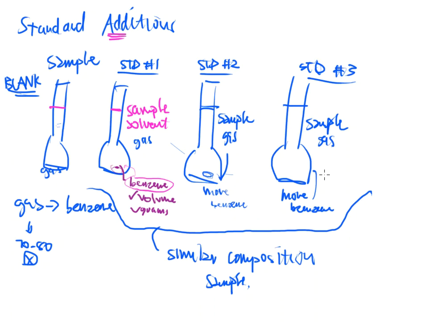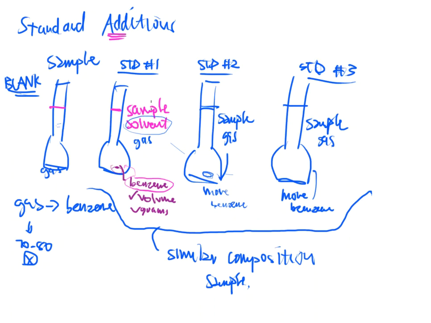So that is the proper way to prepare a standard addition analysis. Your sample will be used as the solvent, and you will add a little bit, and a little bit more, and a little bit more than that to make your set of standards. Very similar to a set of standards. The only difference is the solvent.